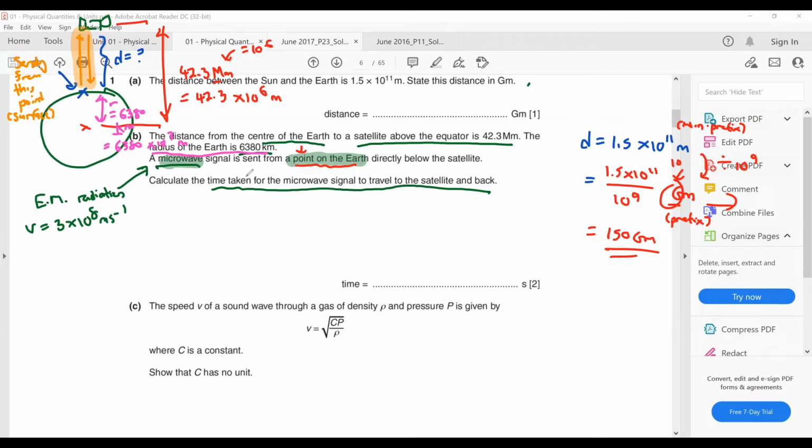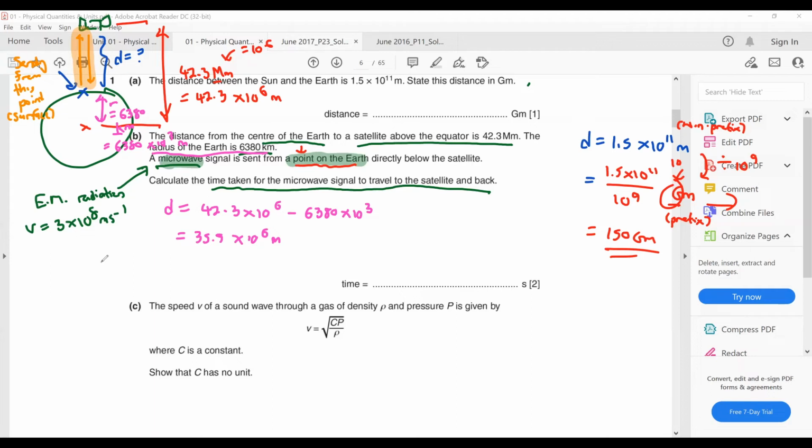So right now your distance D is actually just 42.3 times 10 power 6 minus 6,380 times 10 power 3. Then you will get the answer as 35.9 times 10 power 6 meter.